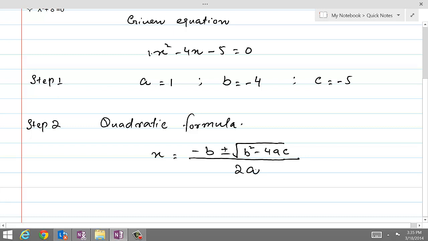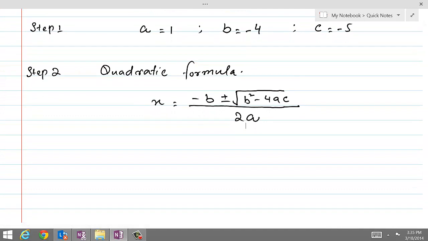That is the quadratic formula we derived from the general form of the quadratic equation by completing the square, and this is valid. We can use this formula from now on for calculating the solutions of quadratic equations.